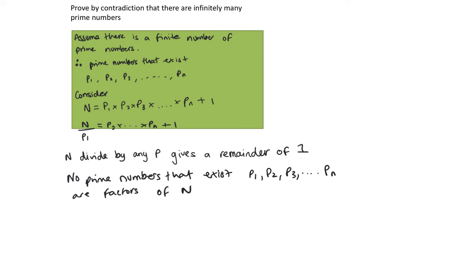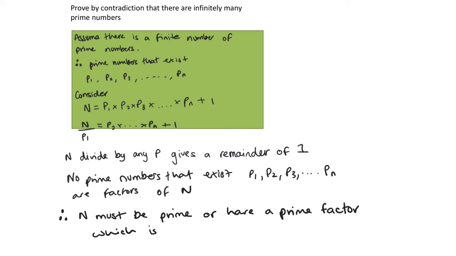Okay? So, what does that mean? This means that therefore n must be prime, or, now this is a bit cheeky, n must be a prime number or have a prime factor which isn't on our list. But what did we say about our list?